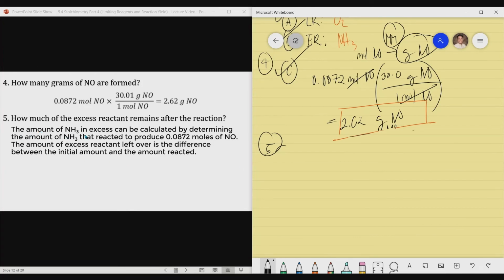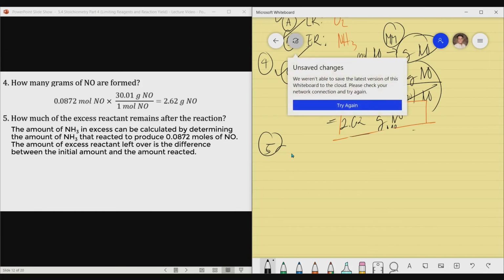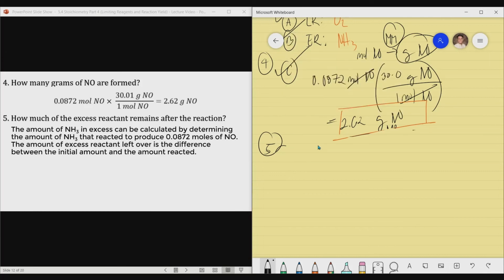The amount of NH3 in excess can be calculated by determining the amount of NH3 that reacted to produce 0.0872 moles of NO. The amount of excess reactant left over is the difference between the initial amount and the amount reacted. Let me explain the procedure in a much easier sense. So, ang gusto na po gawin for number 5 para masagutan sa step letter D ay ganito.